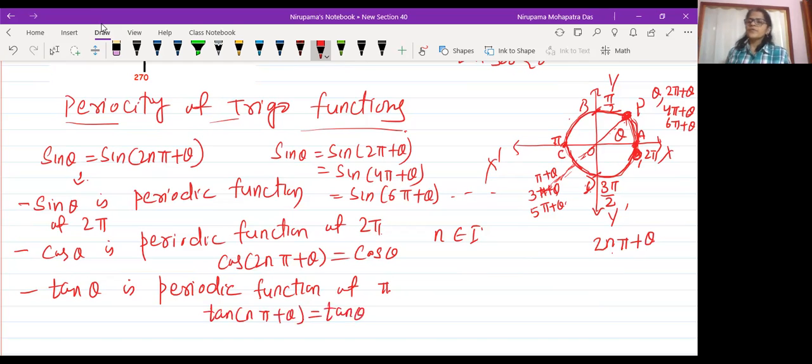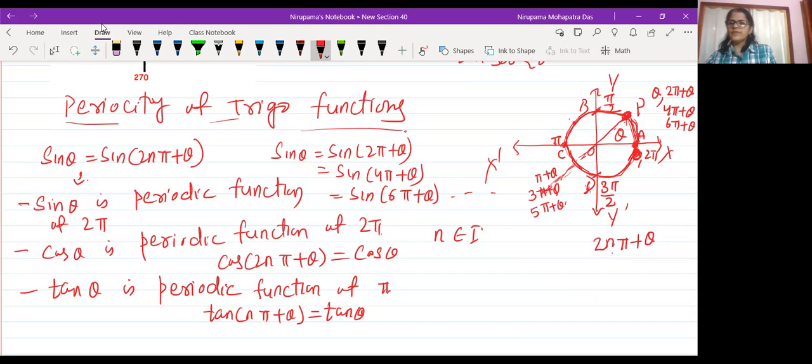You may have the question, why are we taking only the first quadrant? You can even take the second quadrant, any quadrant you can take. Coming back to the same point again and again, in the case of sine and cosine, you are completing 2 pi radians.